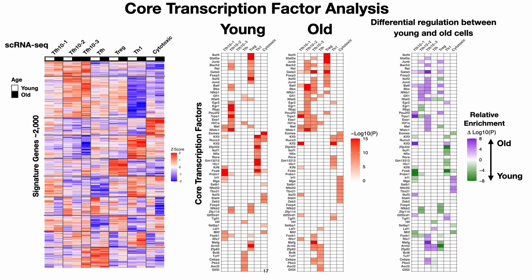So we identify core transcription factors for each population. These are TFs with enrichment of highly expressed cell type specific genes amongst their inferred network targets. So basically we find markers for each population, and then core TFs are those whose targets in our network are enriched for those genes.